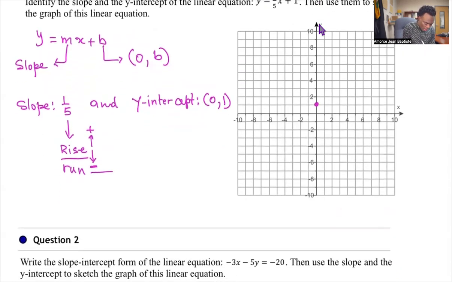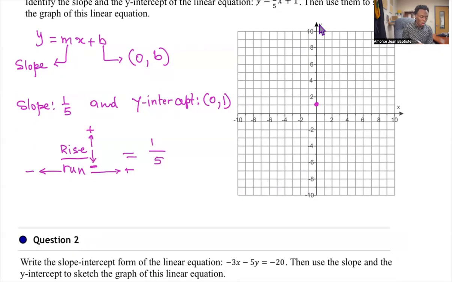Run goes right if the value is positive, and then run goes left if the value is negative. In this case, rise equals 1, and then run equals 5, both positive.